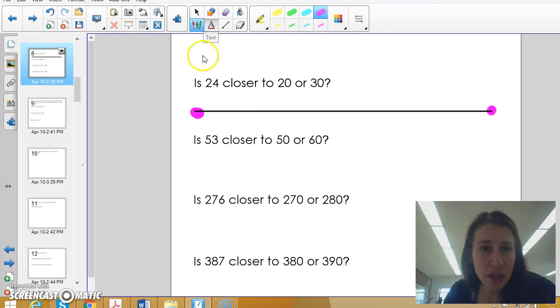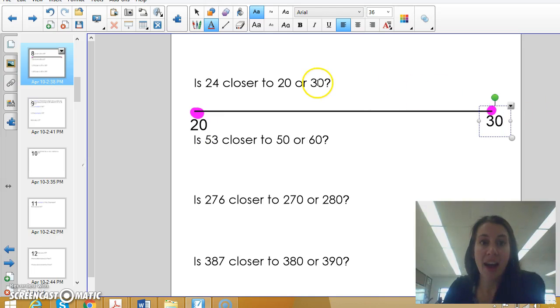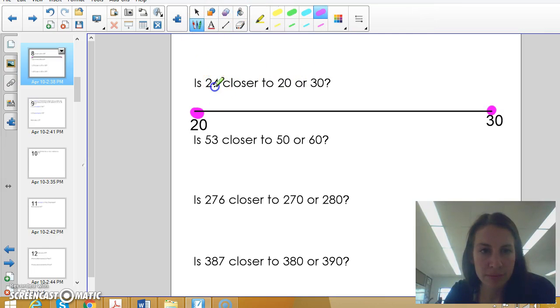And this gas station over here is called gas station 20. And this gas station over here is called gas station 30. And I run out of gas at 24. Am I going to go back to gas station 20? Or am I going to go all the way to gas station 30? Which one's closer?